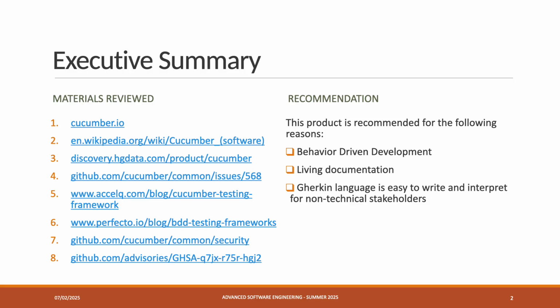And so you might have a business analyst writing Gherkin feature files for Cucumber in plain text language, which are going to define the requirements that your software product needs to be able to meet. And so that Gherkin language is very easy to write and interpret for those non-technical stakeholders. And the idea is that that creates a better collaboration between the business requirements and the dev team.